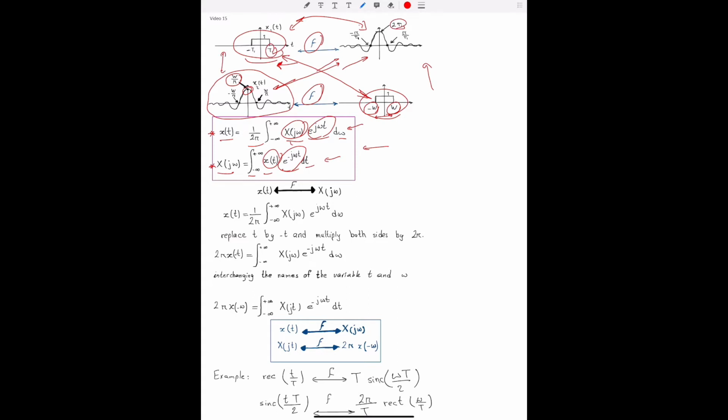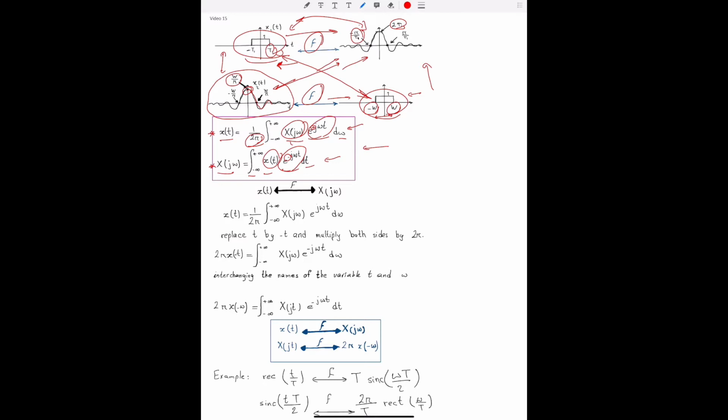So we have a similar pattern: if we have a sinc, we get a rectangular here, and if we have a rectangular, we get a sinc here. But the actual values are not the same, because the exponential here has a minus in it, whereas in the above it has a positive, and here we have a 1 over 2 pi in the actual equations as well.